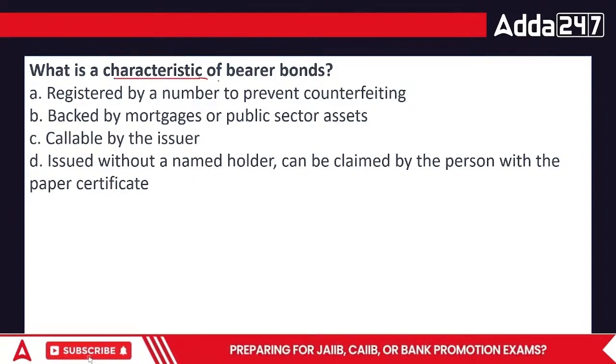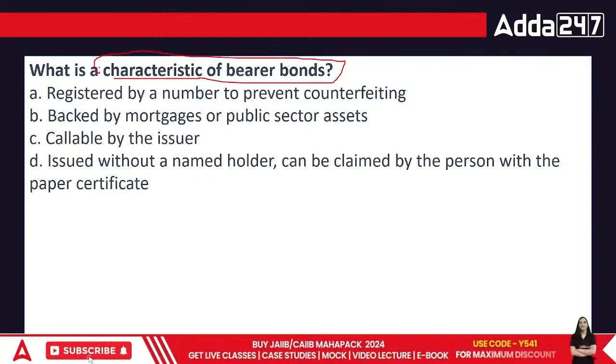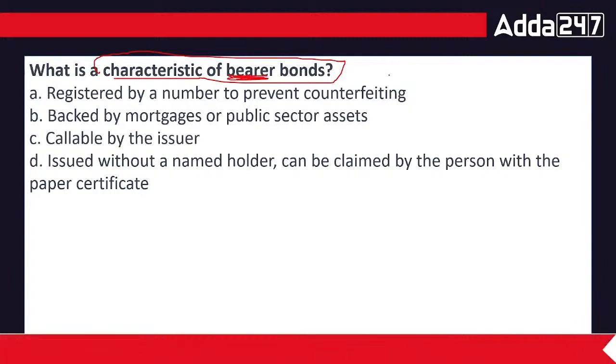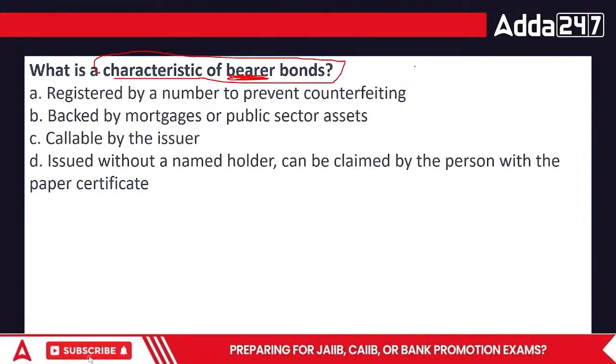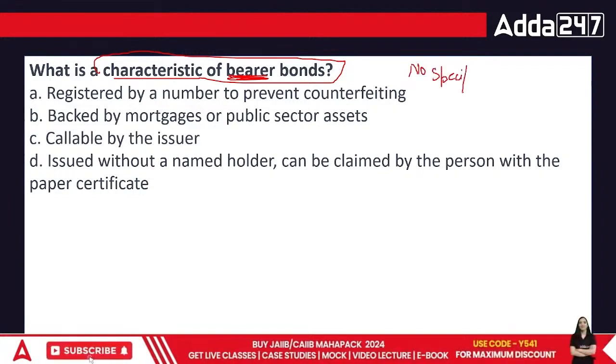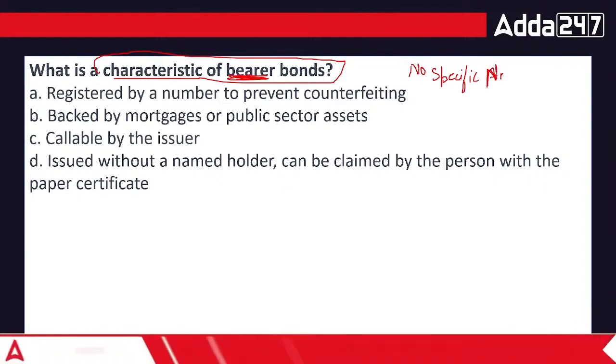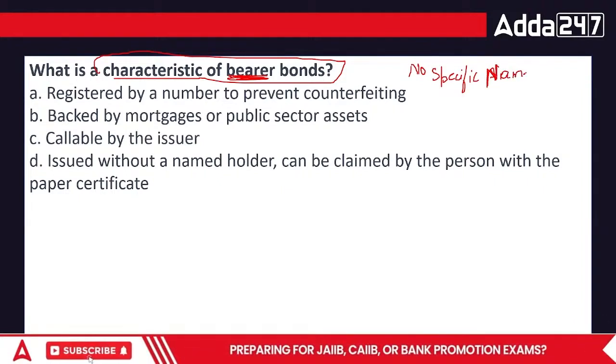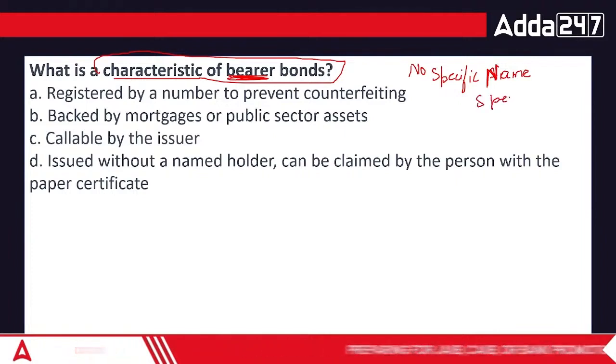What is a characteristic of bearer bonds, everyone? We have talked about the bearer in the previous class as well. A bearer bond means a bond which has no specific name specified.